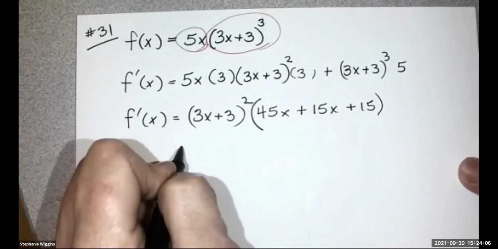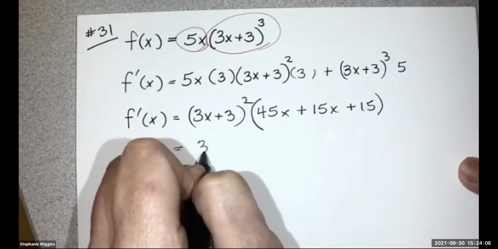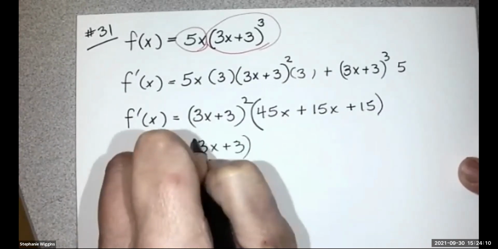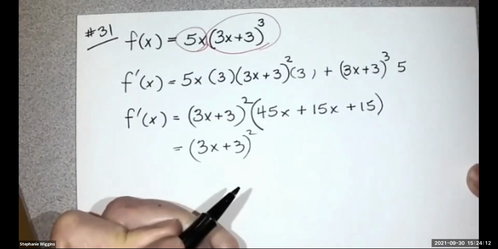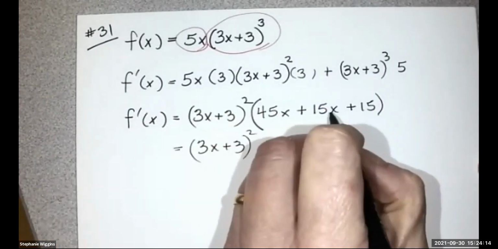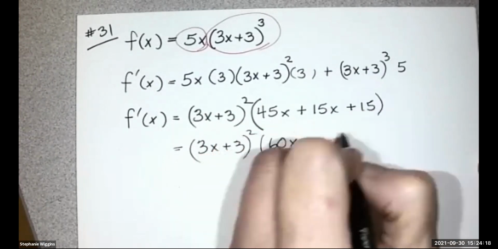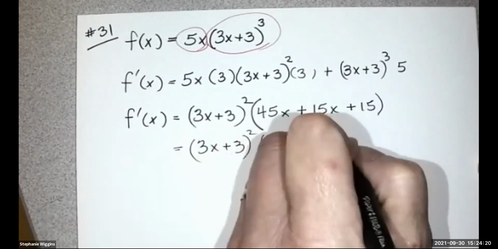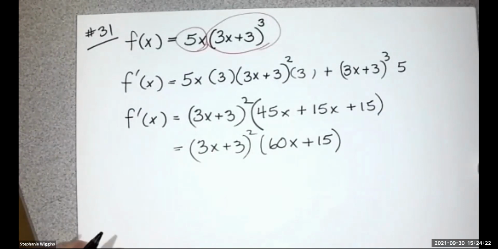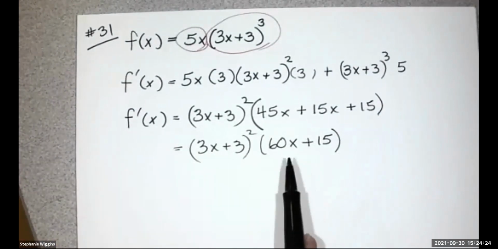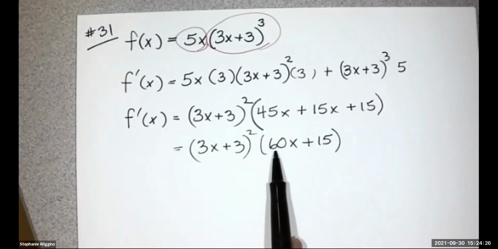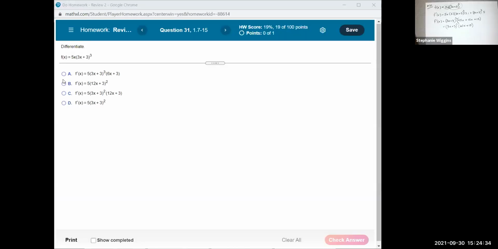And so this is going to be 3x plus 3 squared times, if I combine these two, that's going to be 60x plus 15. And I think they factored out, I want to say 15 from there, but let me see what they got here. See if I can match that with something.